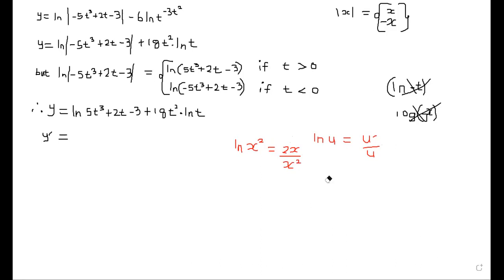Now let's differentiate the natural log, this ln right here. To differentiate ln 5t cubed... let me check my notes.